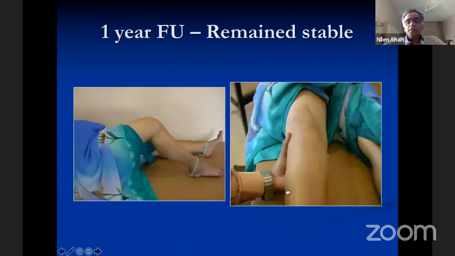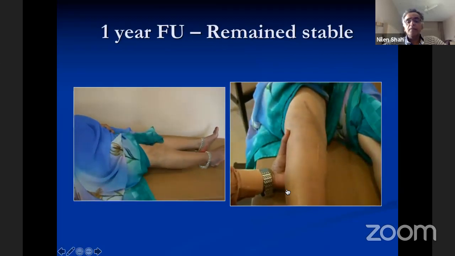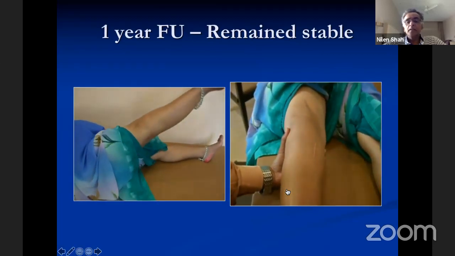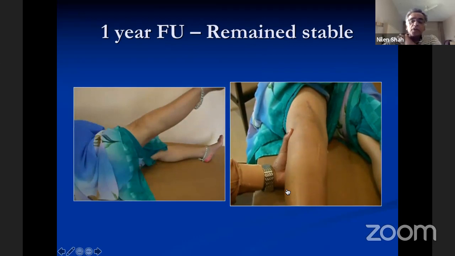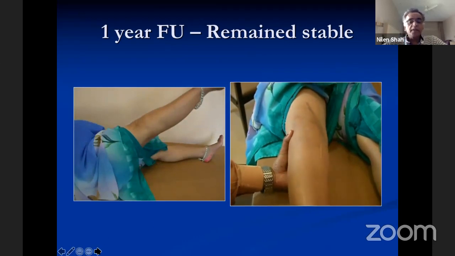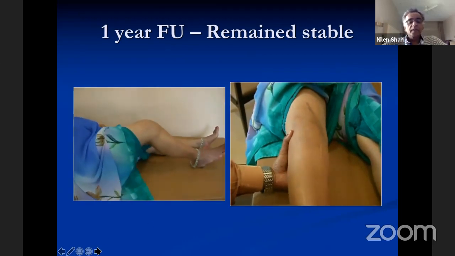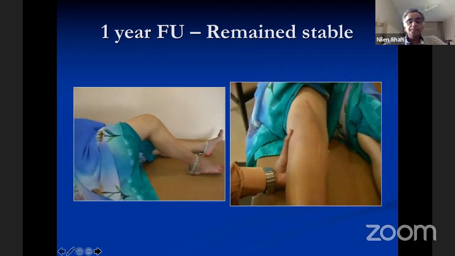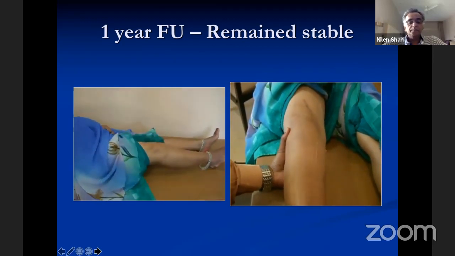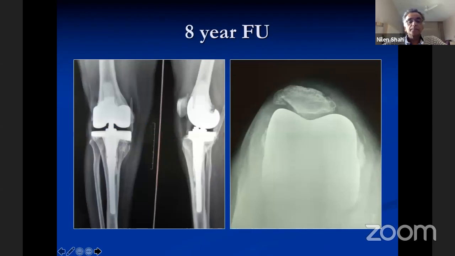Also, this is just to show that the knee, which was so grossly unstable, the cruciate condylar knee managed to stabilize it, has remained stable. And the patella also was tracking well. And on the whole, she's had a very satisfactory long-term result.